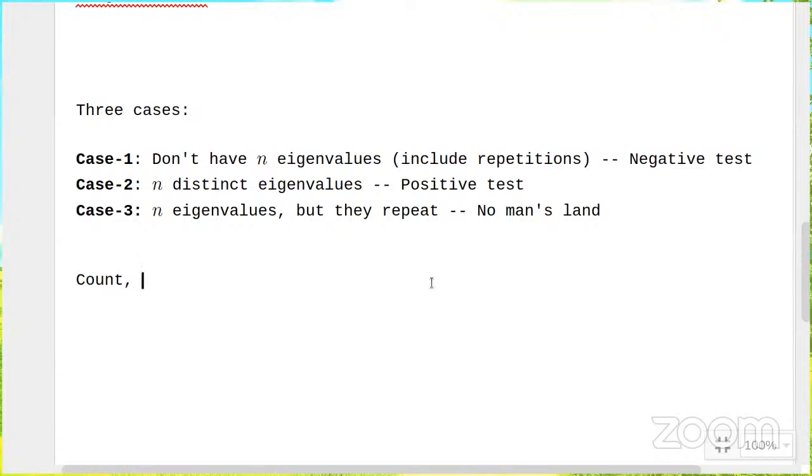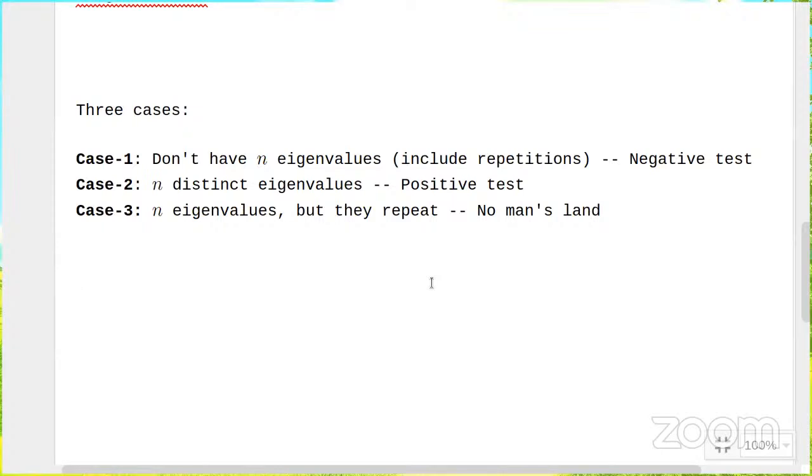Okay, so I get your point. If there are n distinct eigenvalues, then it is diagonalizable. That is the statement. So either we have to make this case flexible.